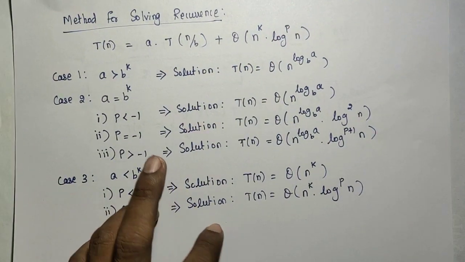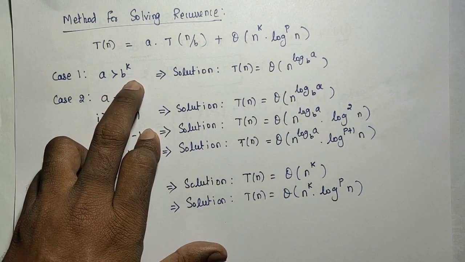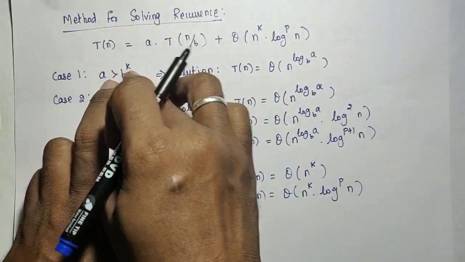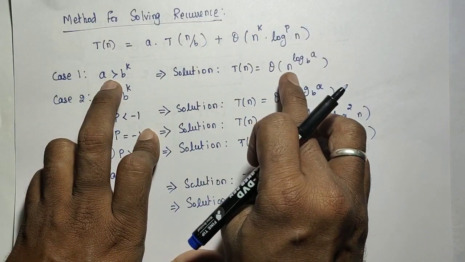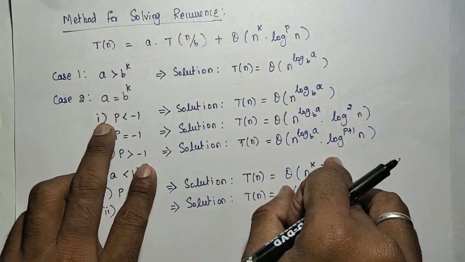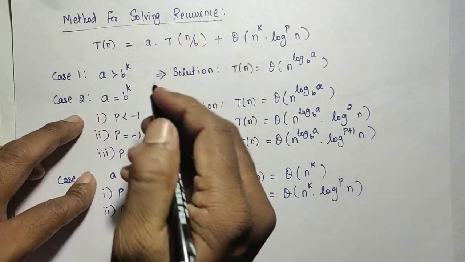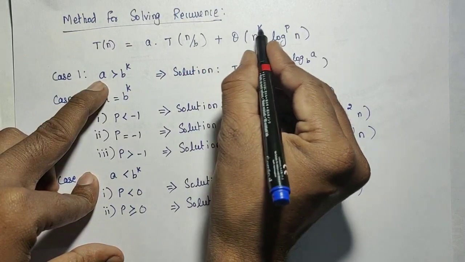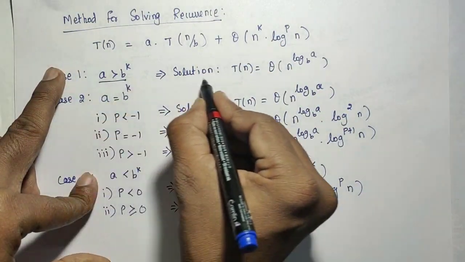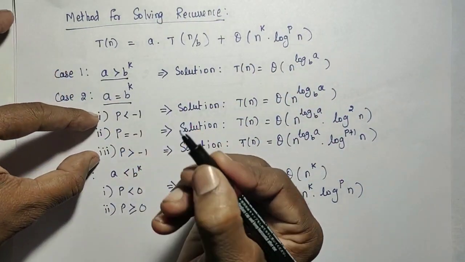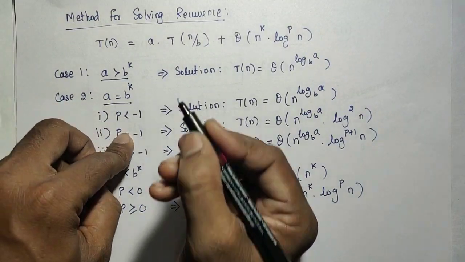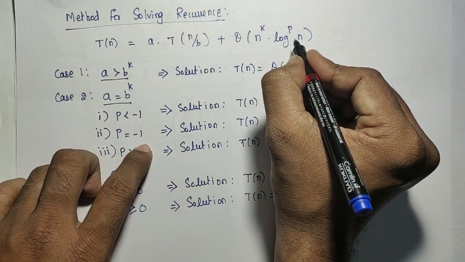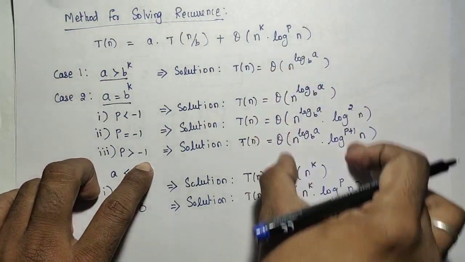For example, case 1: a is greater than b power k, then the solution will be theta of n power log a base b. Case 2: if a equals b power k, there are 3 sub cases depending on the p value, the power of log n: p less than -1, p equal to -1, p greater than -1, so 3 solutions.